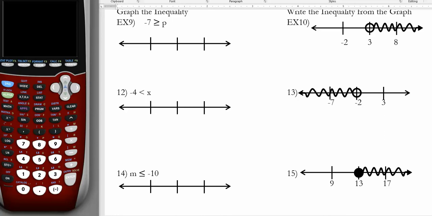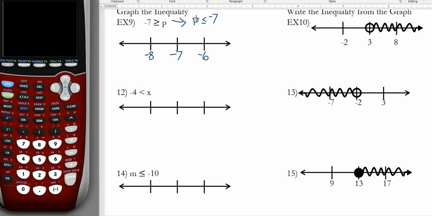Alright, so let's give these inequalities a little bit of practice. So we've got that 7 is greater than or equal to p. Now, not that it's impossible to do this, but a lot of students find that it's a whole lot better if we flip the entire inequality so that we can use the words less than and greater than to figure this out. So we've got -7 is going to be the focus number, and then we just need some number bigger and some number smaller.